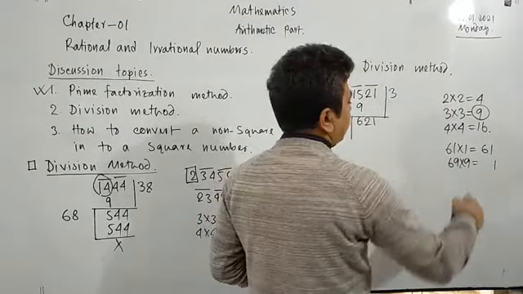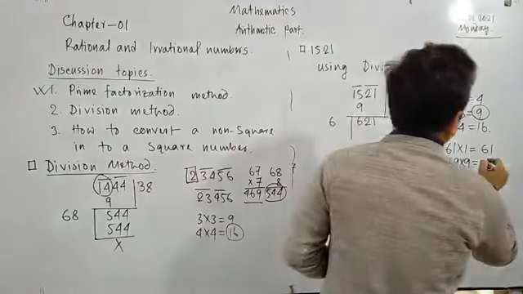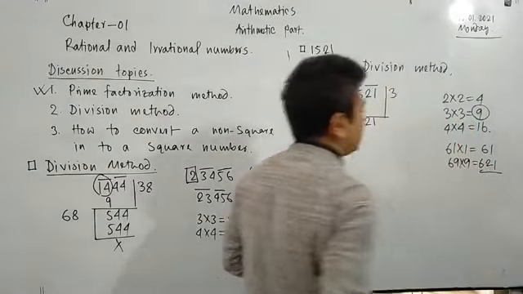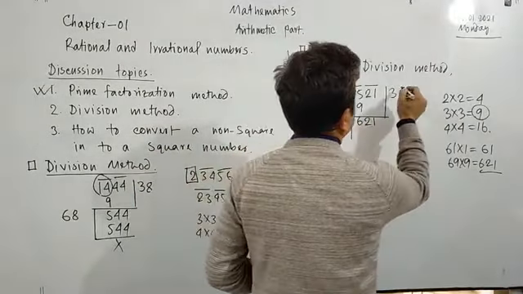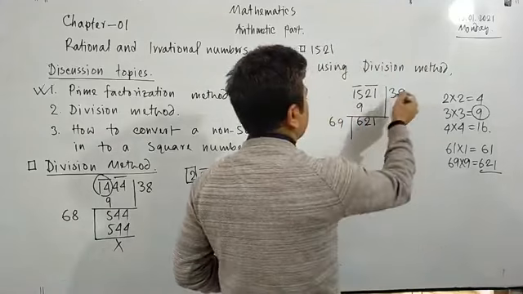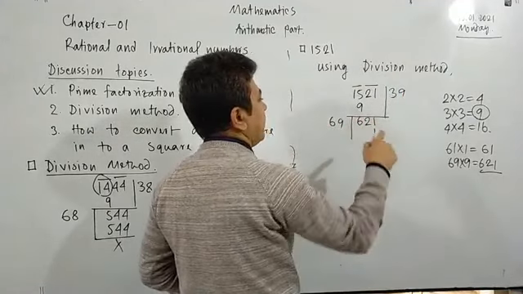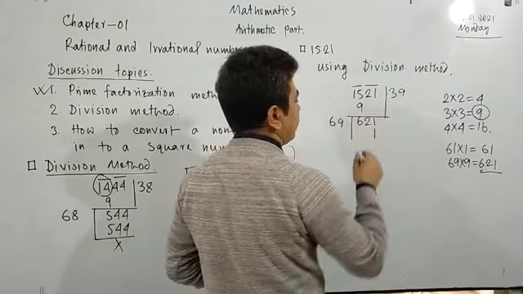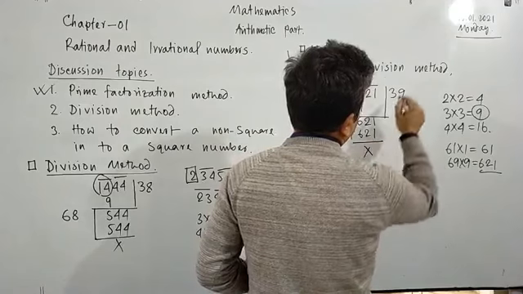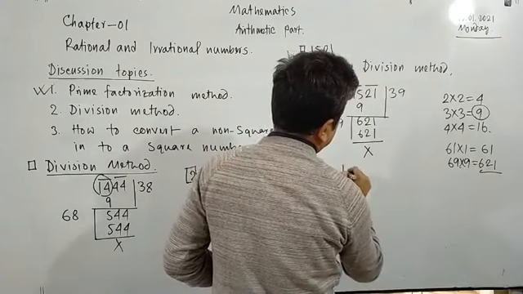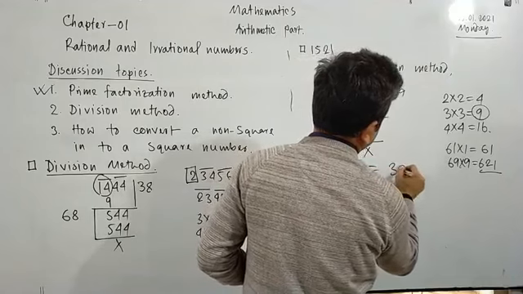So 6 into 9 is 54, and 8, it is 62. So look at that, 6 to 1, it easily matches. So we can put here 9, here is 9 also. So that is our required answer, I think: the square root of 1521 equals 39.